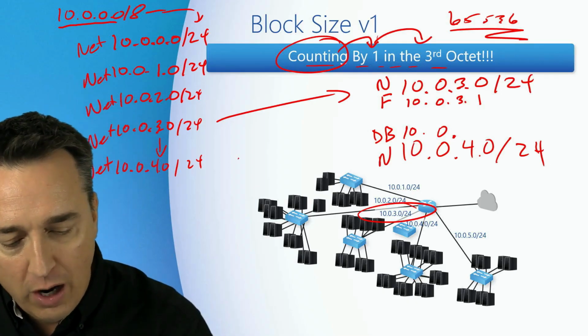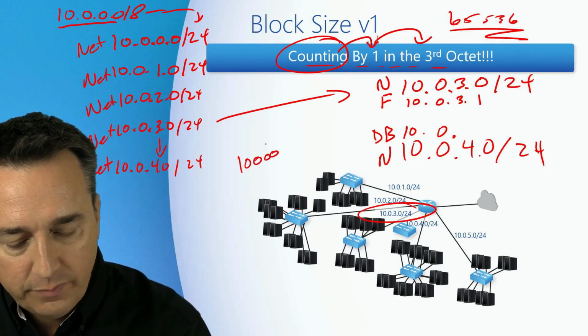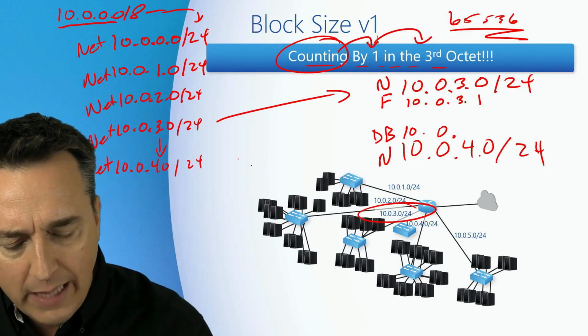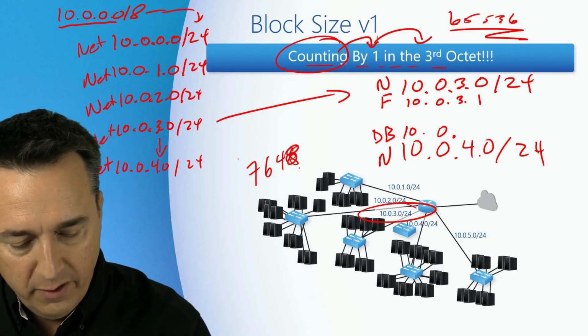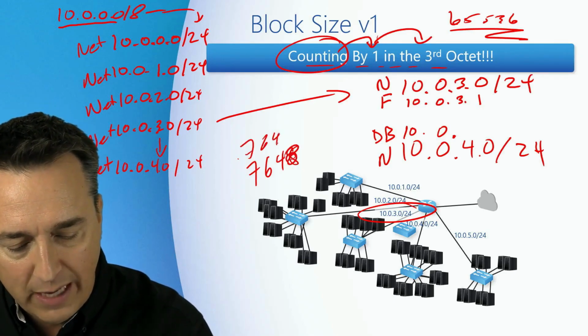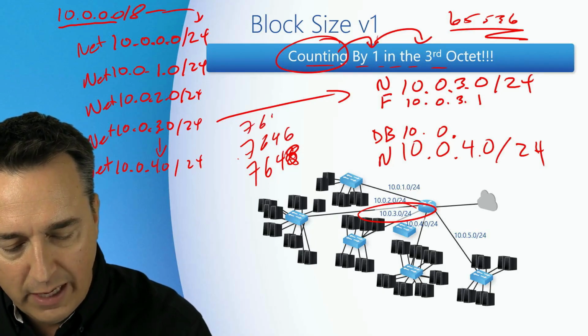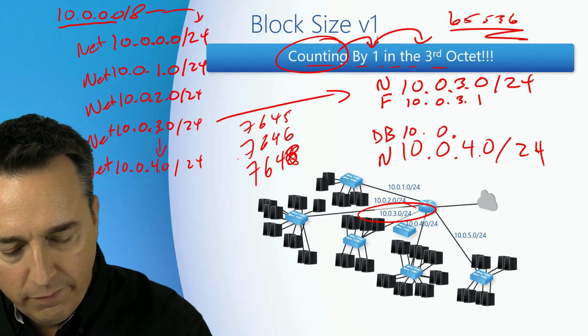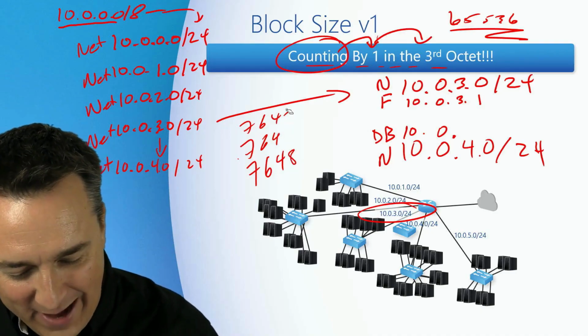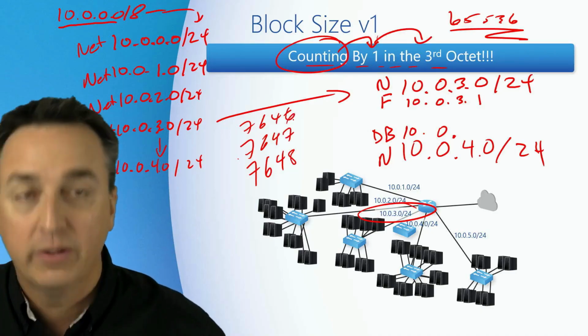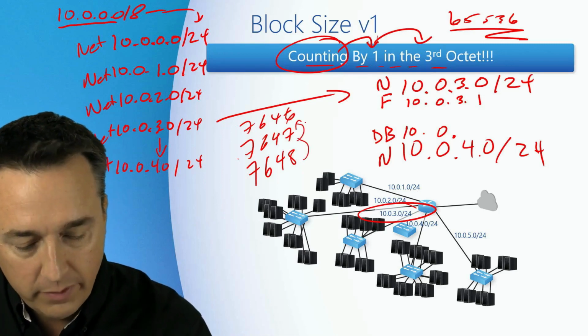For example, let's say your car was at 7,648. If you wanted to roll it back, you'd go 7,647, 7,646, 7,645. Rolling back the odometer.